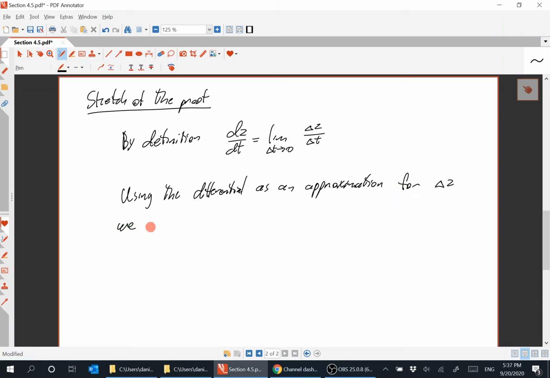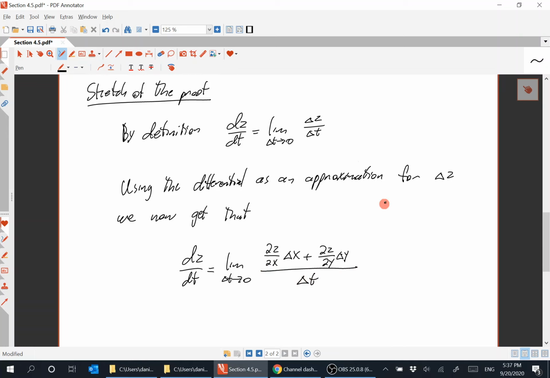Delta z, we now get that dz/dt is equal to the limit as delta t goes to 0 of dz, which is the partial of z with respect to x times delta x plus the partial of z with respect to y times delta y, over delta t.